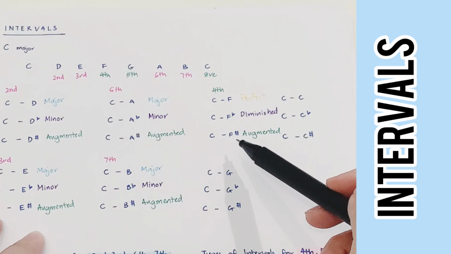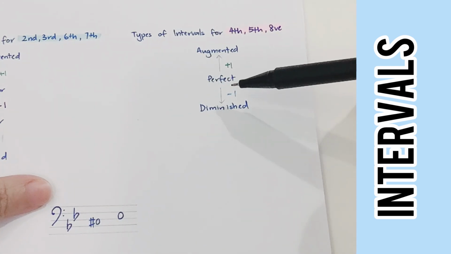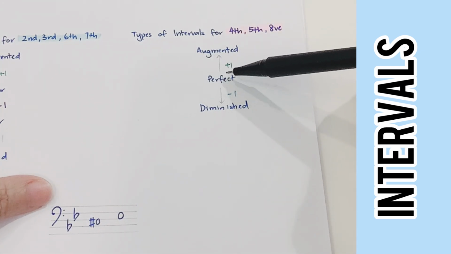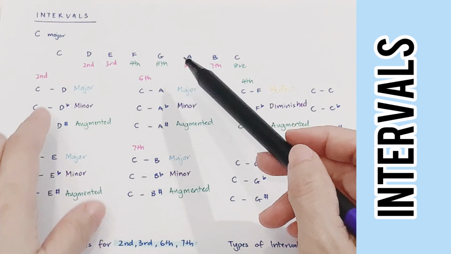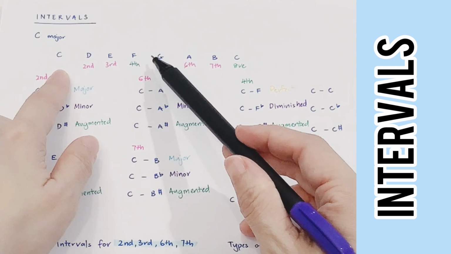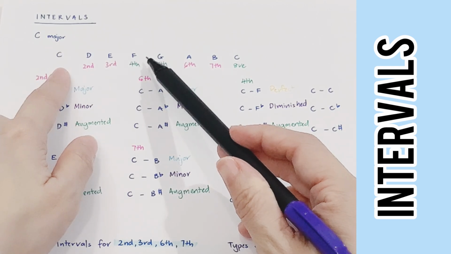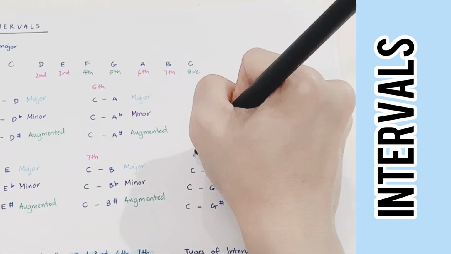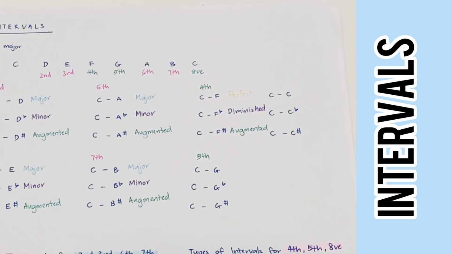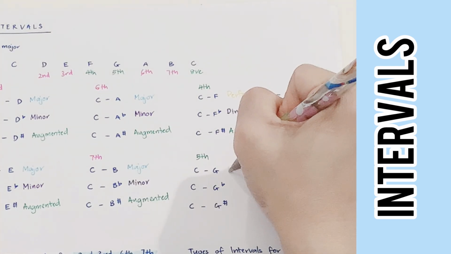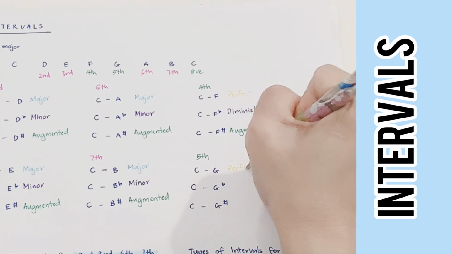One step up from perfect would be augmented. C to F sharp, it would be an augmented fourth. So C to G is a perfect fifth.